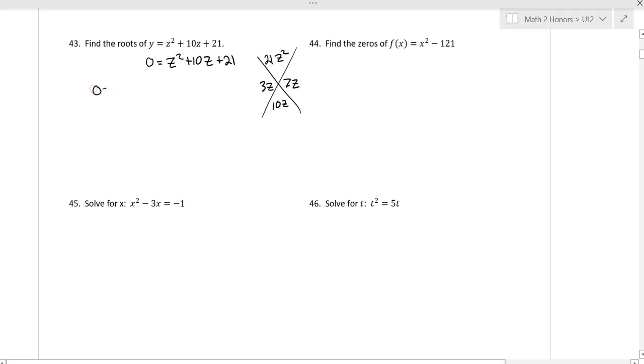Split this up. Factor by grouping. Factor out the z plus 3.